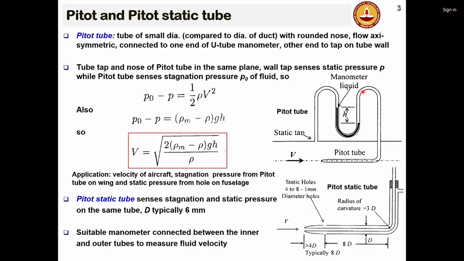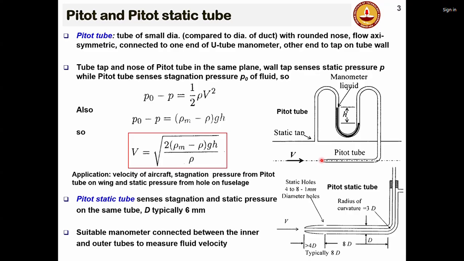Whereas the pressure on the right limb of the manometer, which is connected to the pitot tube, this actually measures the stagnation pressure, because when the fluid goes past this pitot tube at the nose, the fluid molecules come to complete rest, converting the entire kinetic energy into pressure energy.